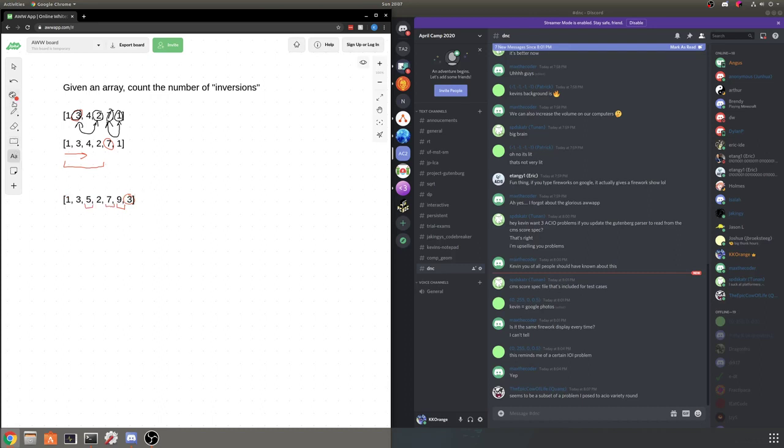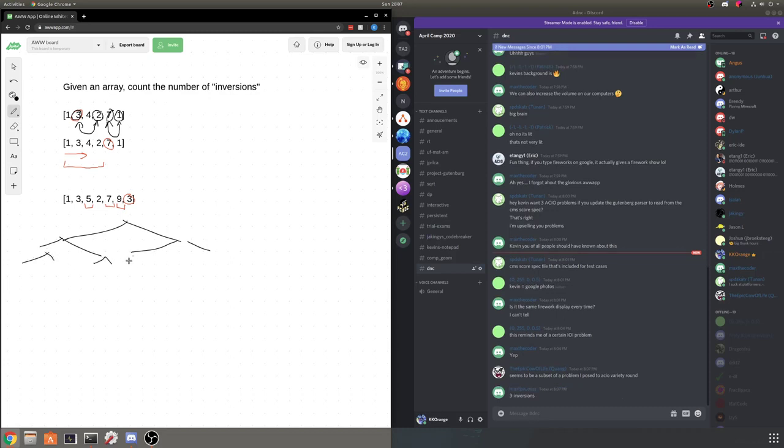So for example, here is a very rough representation of a range tree. Everything is 0 initially. To add a 1 to the range tree, you go to index 1 and you increment this value by 1. So this is now 1.